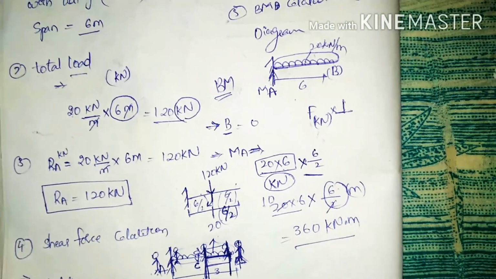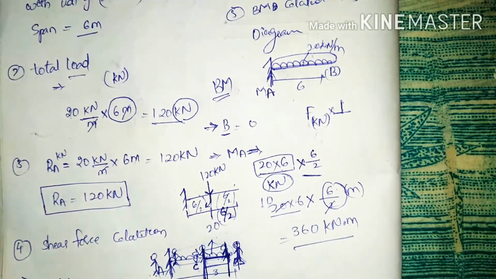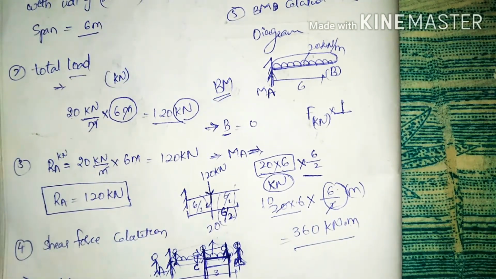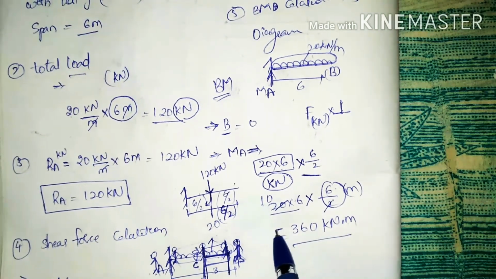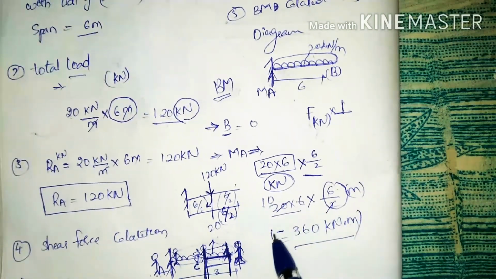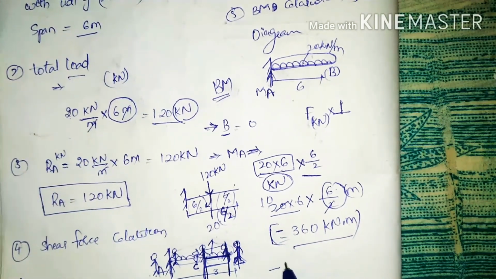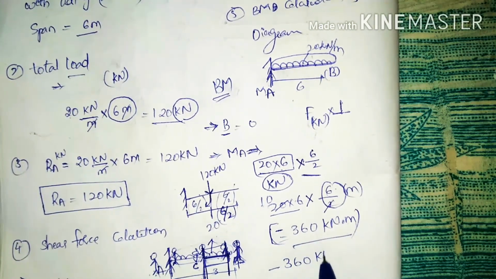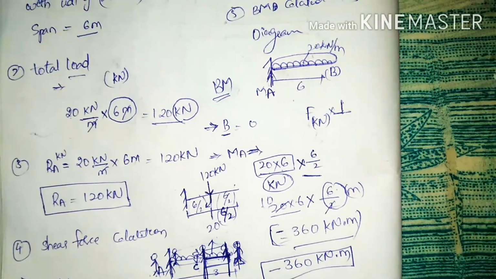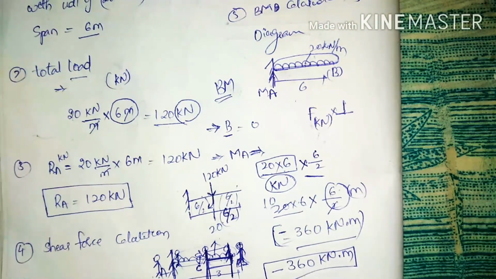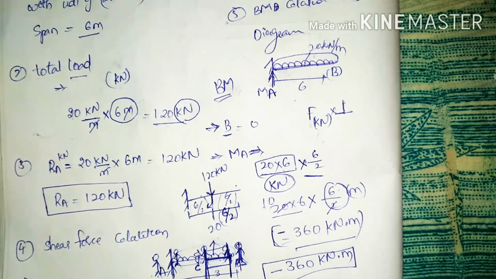And we know that the moment for the cantilever beam is hogging, that is a negative sign here, negative 360 kilonewton into meter. These are the values to be considered while drawing the shear force and bending moment diagrams.